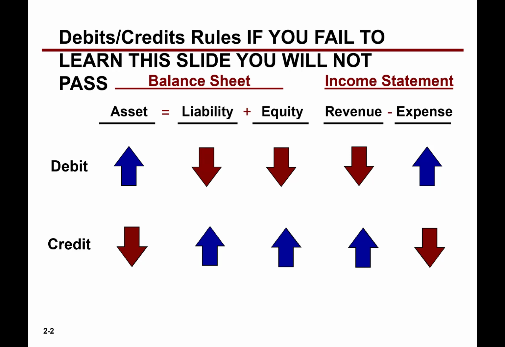Expenses, if you want to increase them, you will debit them. If you want to decrease them, you will credit them. Our stockholders' equity, if you want to increase it, you will credit it. If you want to decrease it, you will debit it.